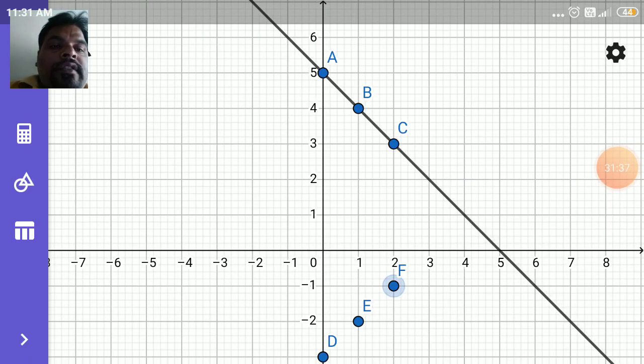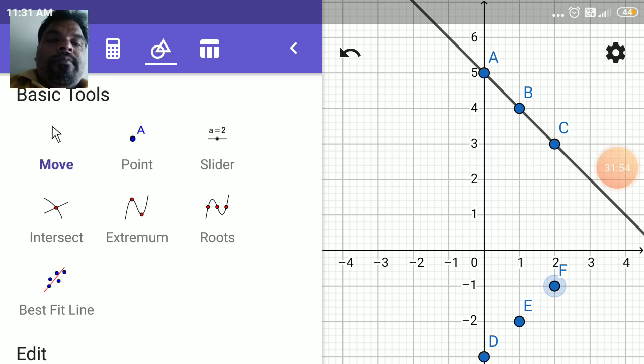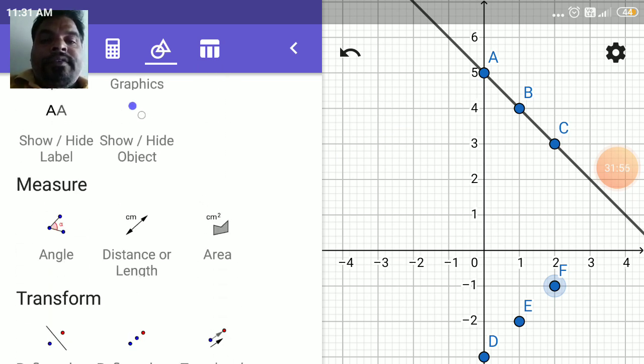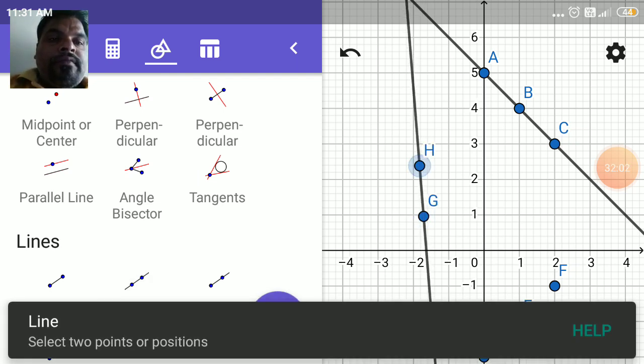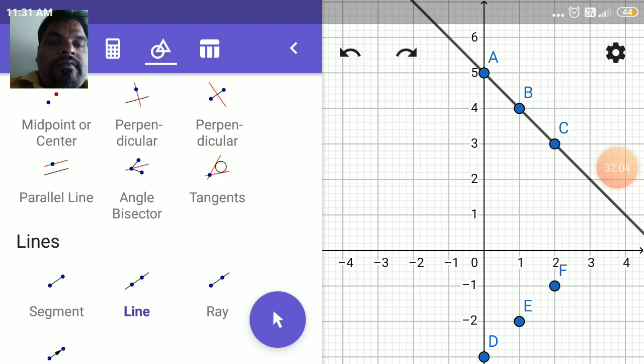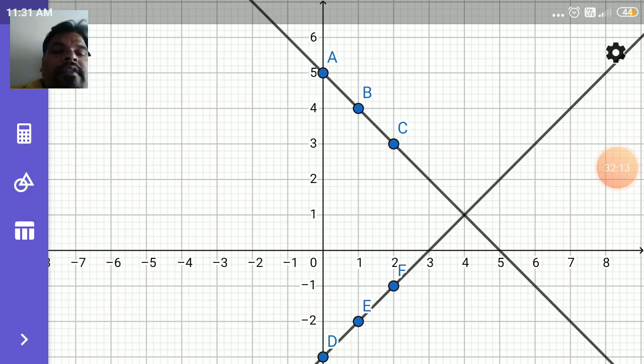Then points D, E, F are the solutions of the second equation. Now you can draw a line passing through these 3 points. Now this line is the graph of the second equation.